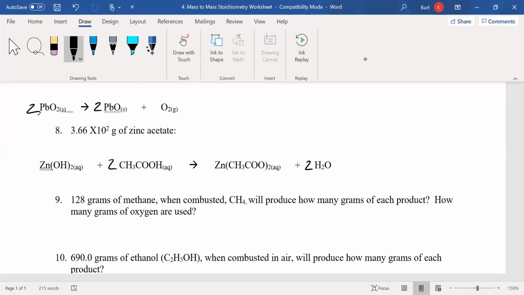We got 6, 7, 8, 9. Wait. 6, 7, 8, 9. 2, 4, 6. I think I miscounted somewhere.